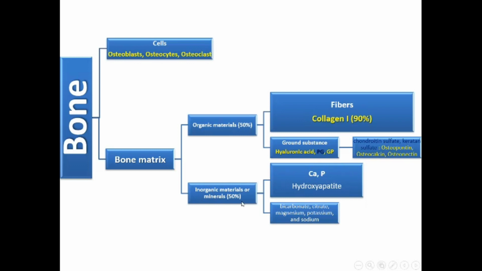And the inorganic portion, or inorganic materials, called minerals, mostly has calcium and phosphate. These minerals together make hydroxyapatite crystals within the bone, and we also have a little amount of other ions like bicarbonate, citrate, magnesium, potassium, and sodium within the bone.